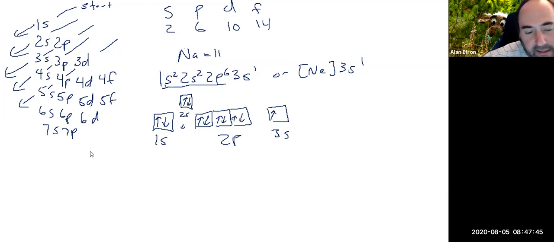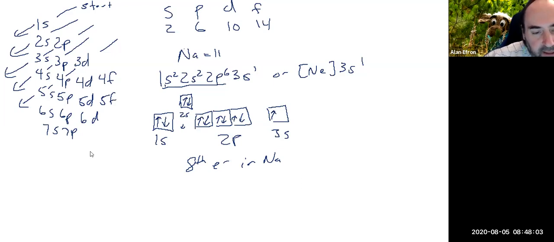And again, we could tie this to our quantum numbers. So for example, if we want the 8th electron in sodium, what are the 4 quantum numbers? That's how you would have to remember how it goes in.